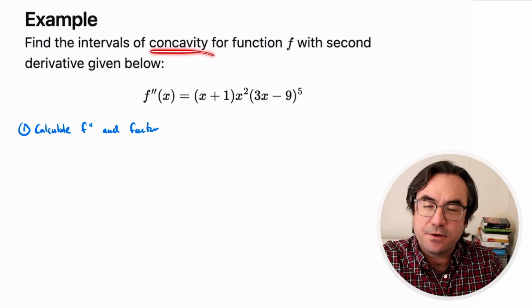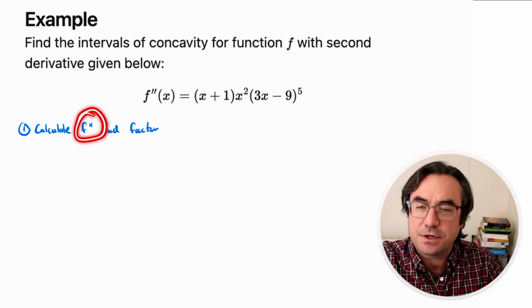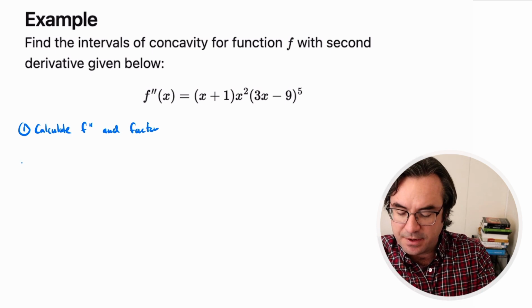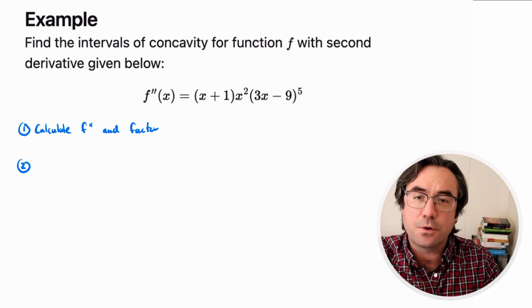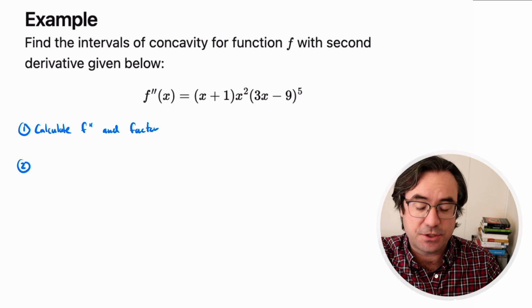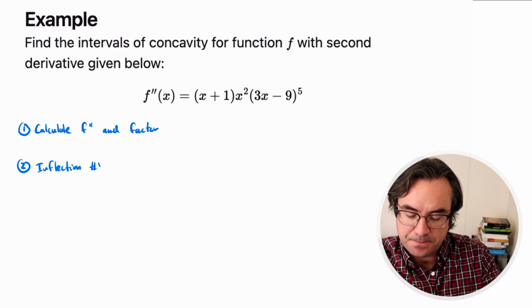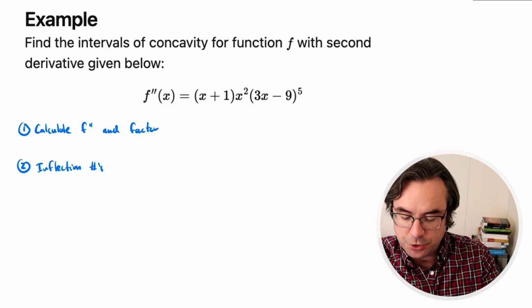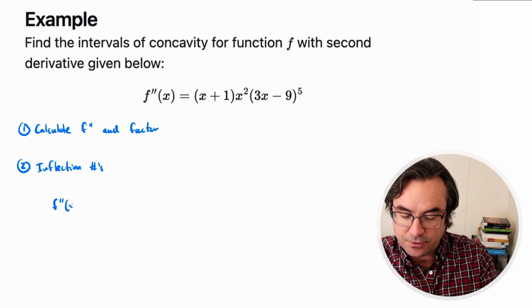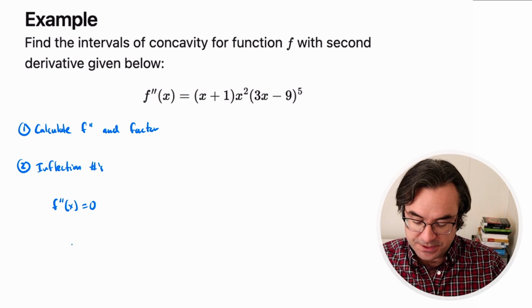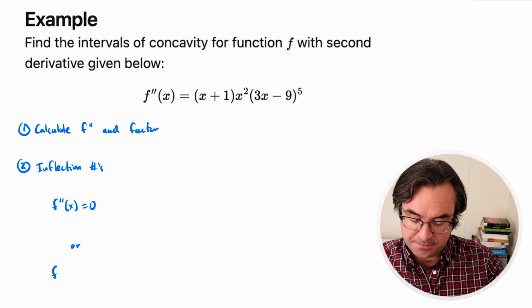When we're trying to find the intervals of concavity, we use our second derivative. Once we have our second derivative, we want to look for the possible inflection numbers. There are two ways we can get these: either the second derivative being equal to 0, or the second derivative not existing.